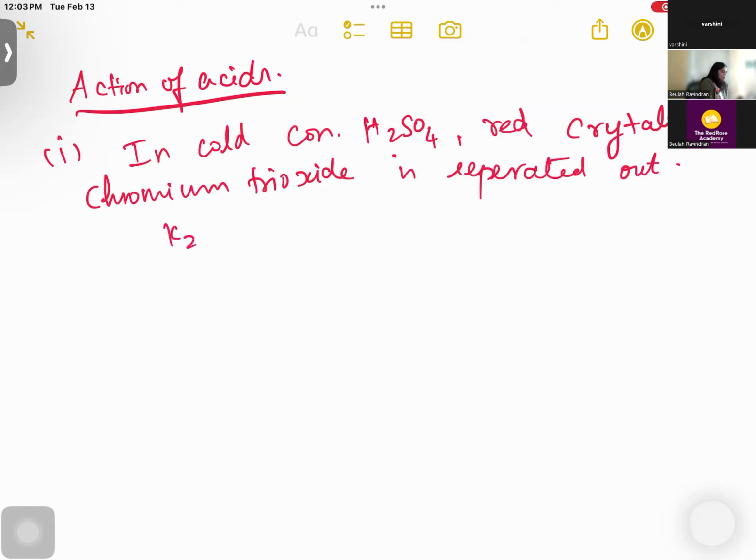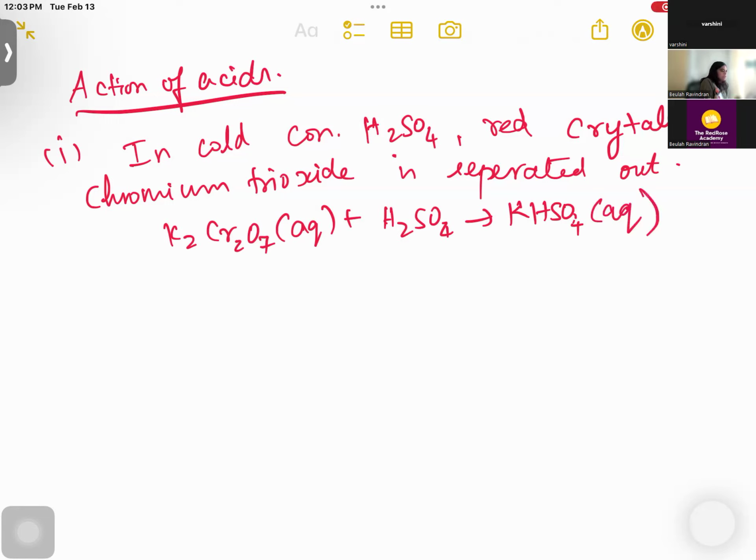So K2Cr2O7, it is now aqueous, very important, plus concentrated sulfuric acid. It gives KHSO4, then 2CrO3 solid. It is solid. All ions. Okay.